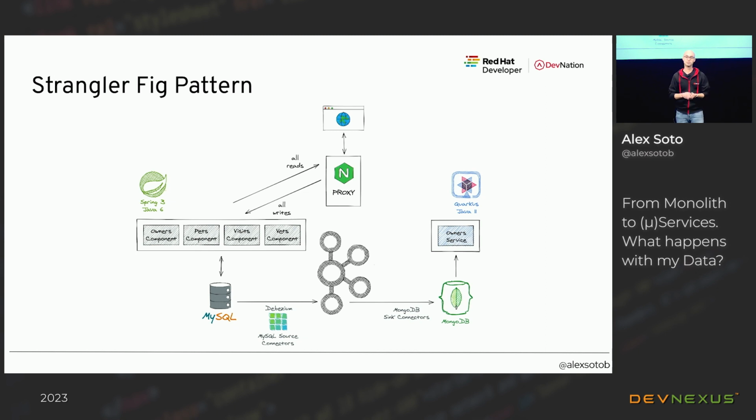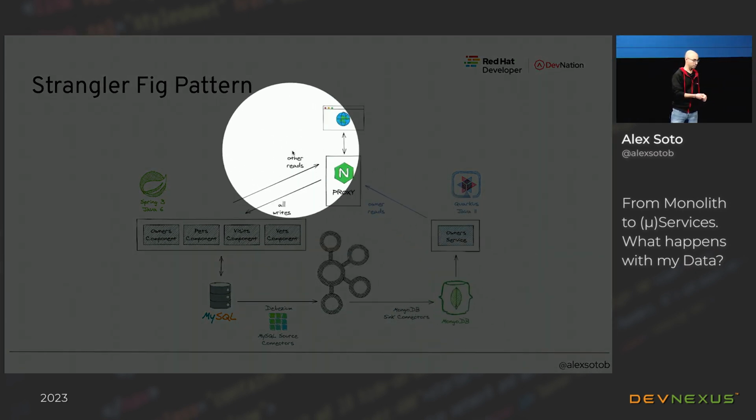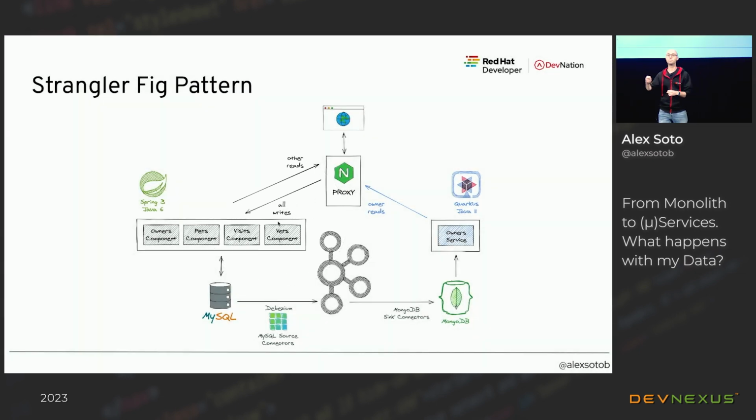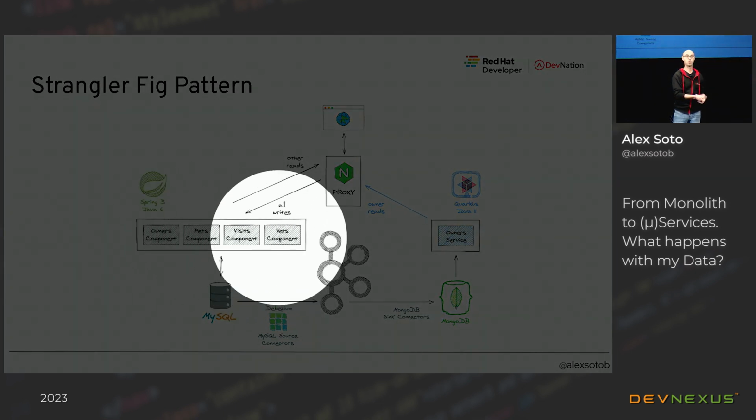When we've got the new service deployed, so this is the owners that was in the monolith, then we do this. I know that it's hard to see, but now when we want to update an owner, or update a pet, or delete a pet, any write operation is done through the Monolith application.